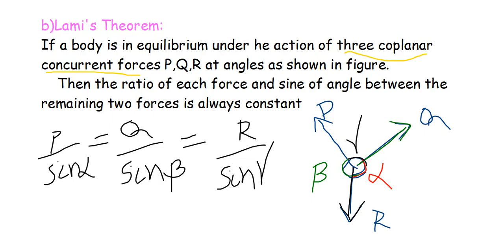Here P, Q, R are three forces. These three forces intersect at a single point. So coplanar concurrent forces means a set of forces acting on the same plane and also intersecting at a single point.